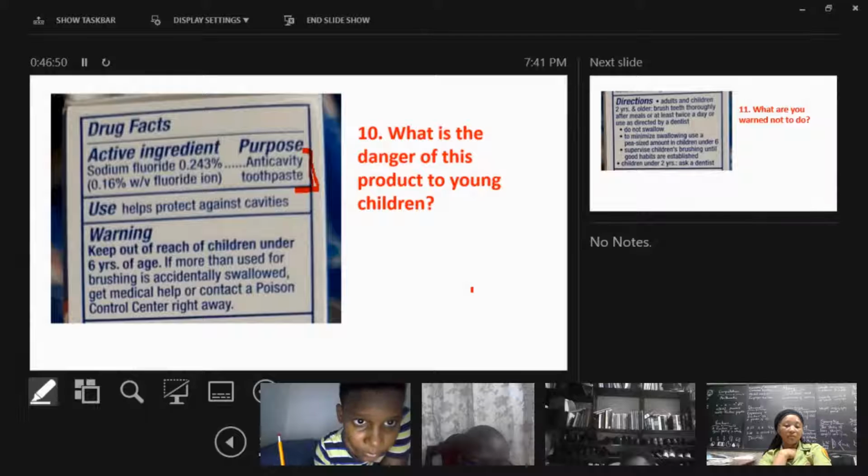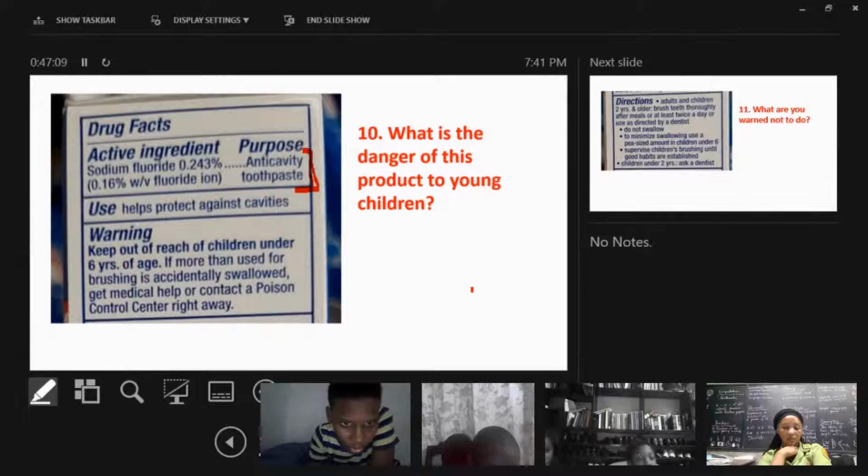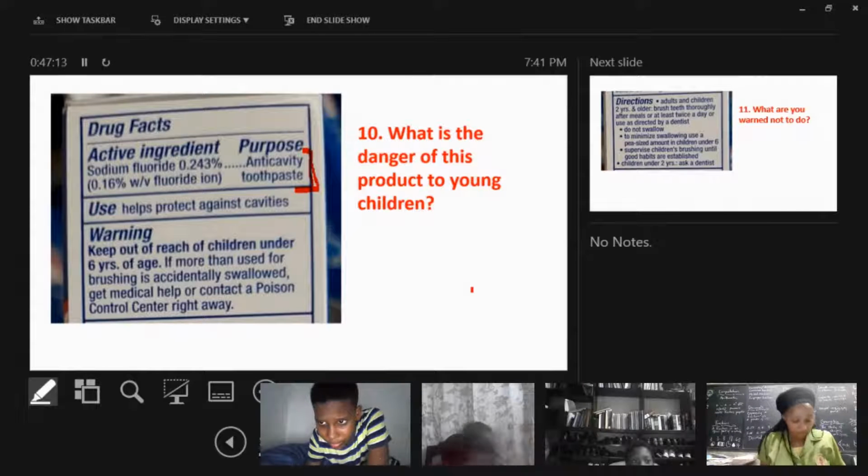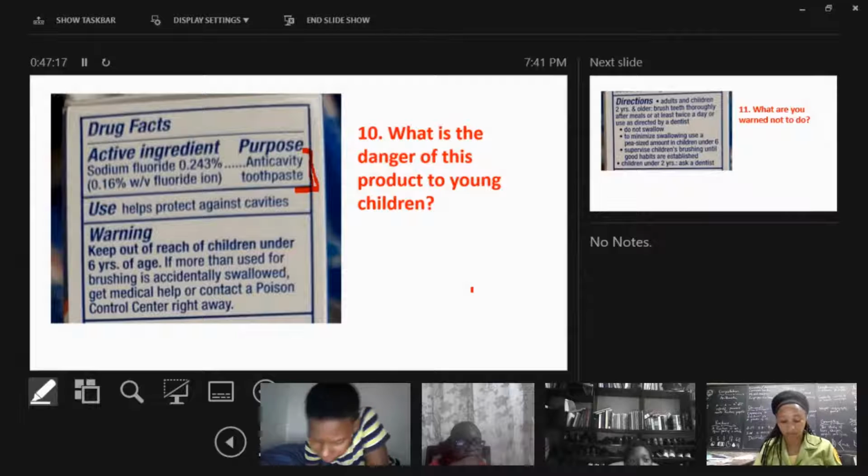Drug facts. Active ingredient. Purpose. Sodium fluoride 0.243%. Anti-cavity toothpaste 0.16%. WV fluoride iron. Fluoride. Fluoride iron. Use helps protect against cavities.